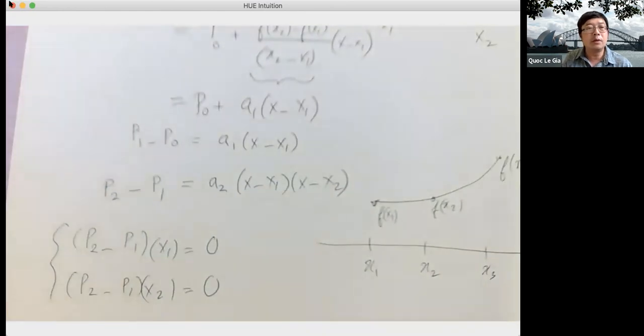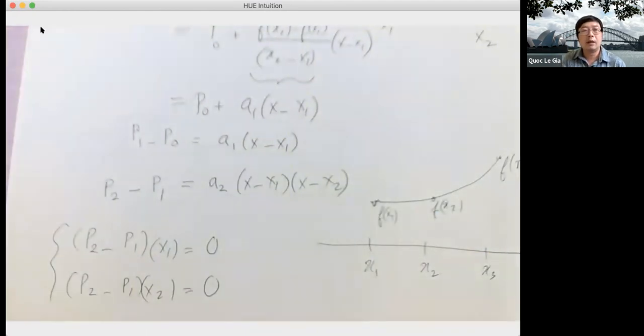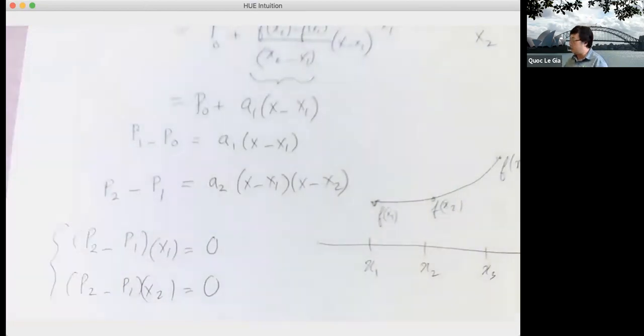Question. So the question is, yes, it's a parabola that goes through 3 points. That's exactly the parabola that goes through 3 points. But what I want to write is of this form, so that I have a general form for n points.